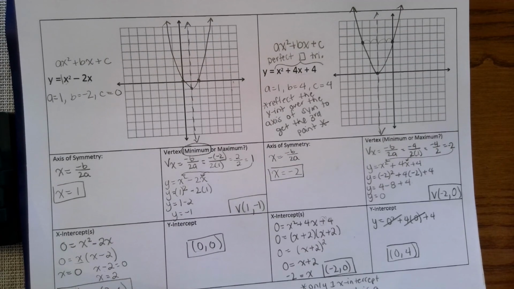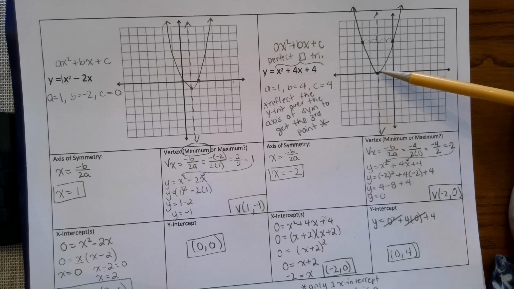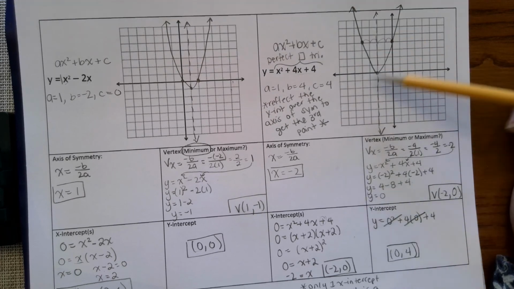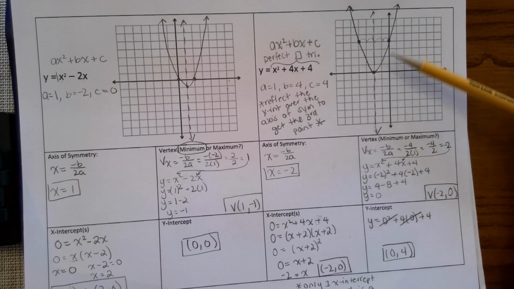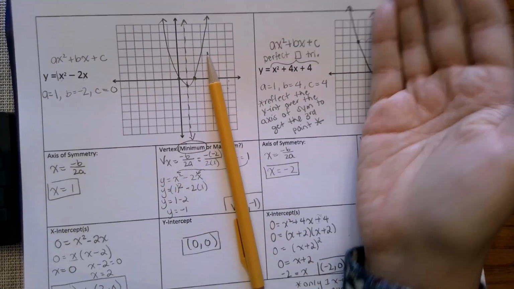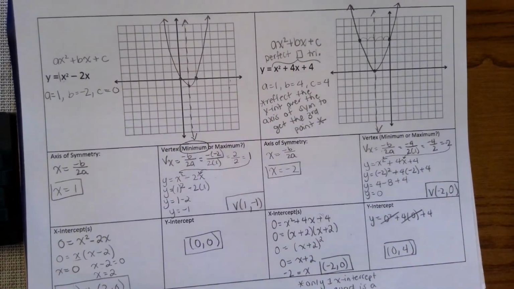That's a common theme with some of these more special case parabolas. So if you find that you're short on points, you only have the vertex and another point, you're missing the opposite side, keep in mind that parabolas are symmetrical, so you can reflect one point over the axis of symmetry, and that should help you get your full parabola, your full U-shaped curve.